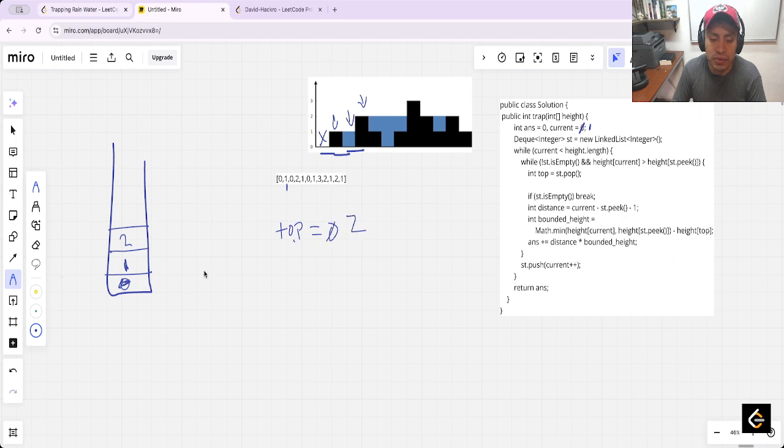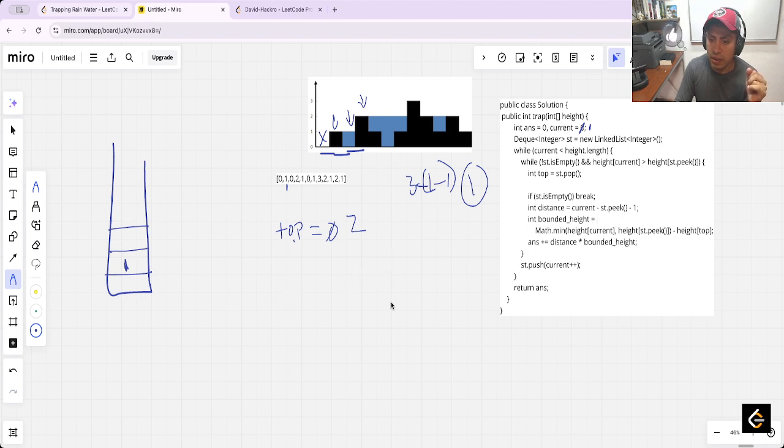Top is equal to, this is removed. And the stack is empty, no, because it's still with the number 1. The distance between current, that is here, 0, 1, 2, 3, less peak less 1, this is 2, this is 1. Okay, so that is 1.